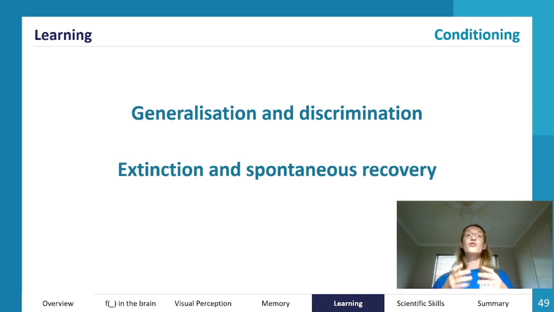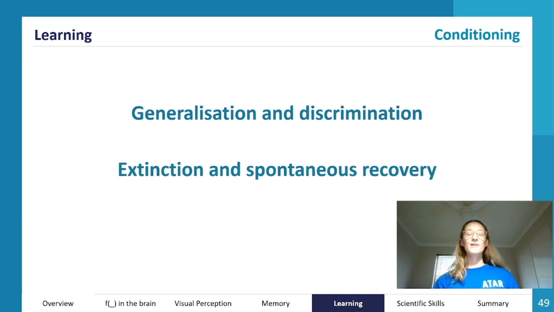They all made him cry, whereas previously those things had no effect on him and hadn't made him upset. On the opposite end of that is discrimination. Stimulus discrimination occurs when something similar to the conditioned stimulus does not produce a conditioned response.